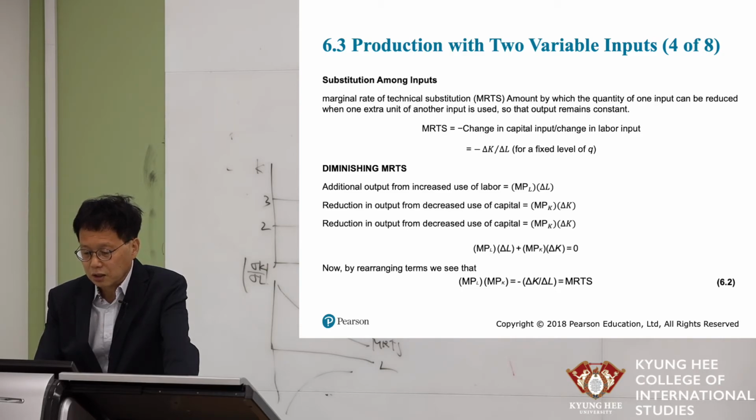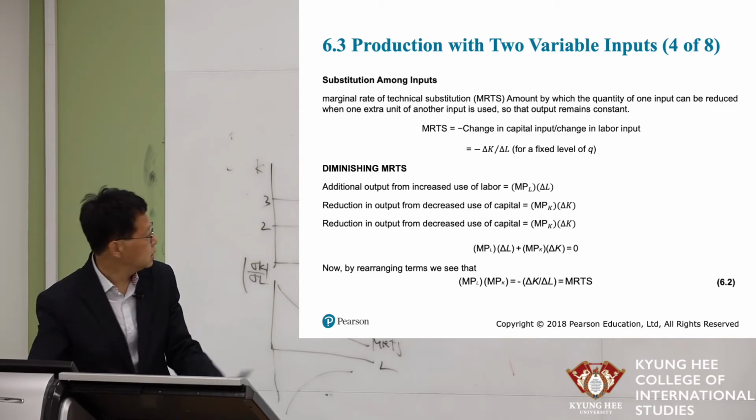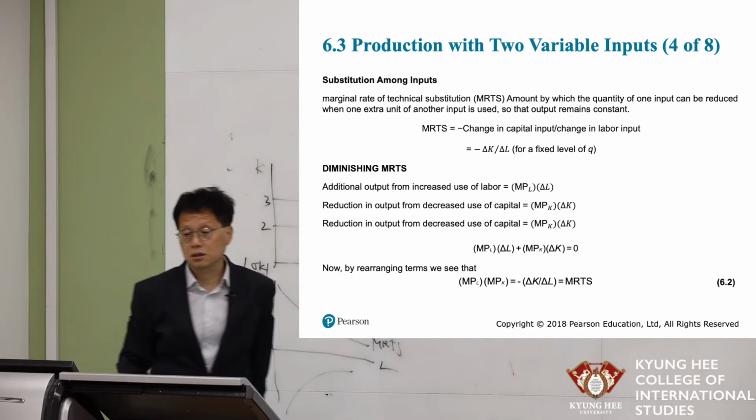So the total change, A to C plus C to B, should be equal to plus 50 minus 50, equal to 0, right? From here, rearranging this, we can calculate the changing rate is minus MPL over MPK, and MRTS is like this. Okay?